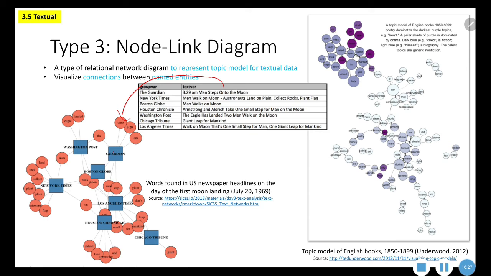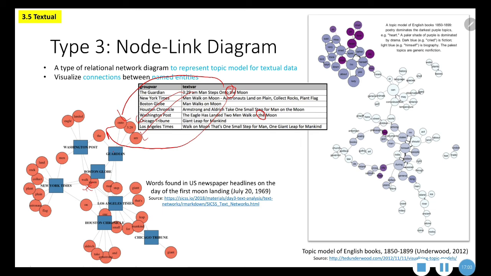That is a common word used by almost all newspapers. Then we have AM, which goes here, and also the time. The word "the" goes here, and is also used by the Washington Post: "The eagle has landed, 2 men walk on the moon." So the word "the" is what makes them connect with each other.